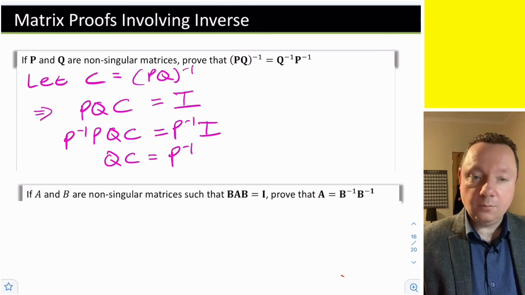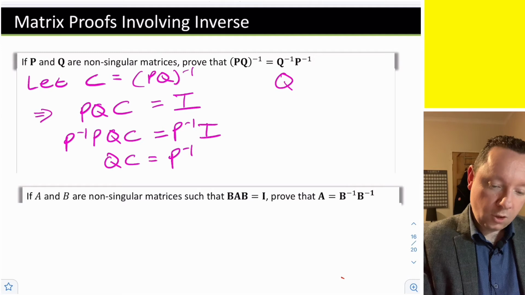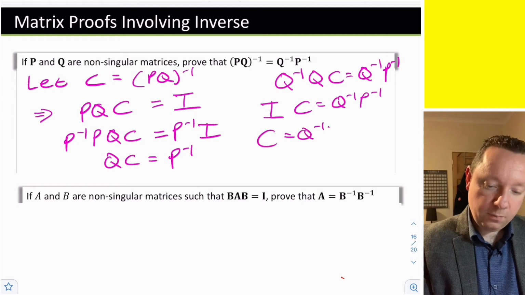And let's do the same trick again. So going up to here, Q inverse QC must equal Q inverse P inverse. Q inverse Q is just I, so we've got IC equals Q inverse P inverse. So we've got C equals Q inverse P inverse.